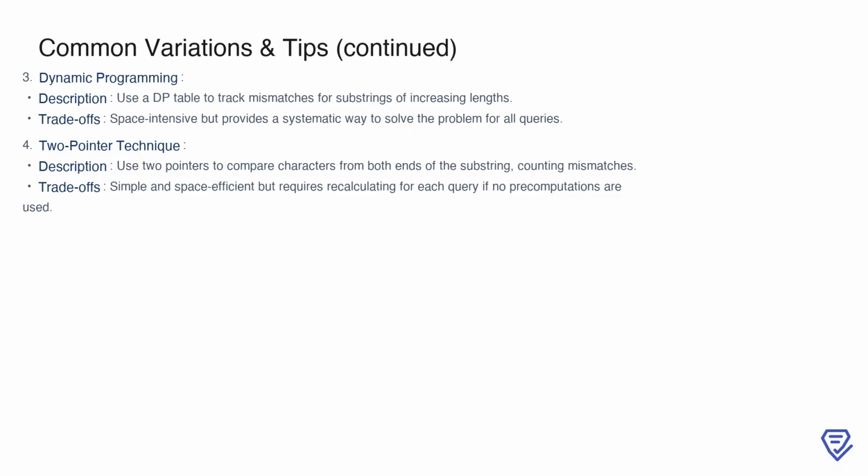Here, you compare characters from both ends of the substring and count mismatches as you go. The downside is that without pre-computations, you'll need to recalculate results for each query, which can add overhead. Each of these methods has its own strengths and weaknesses, so understanding the trade-offs will help you choose the right approach based on the specific constraints and requirements of the problem you're solving.